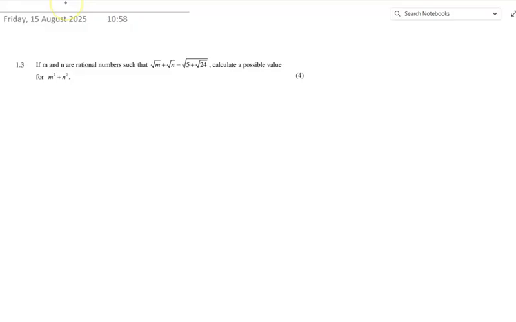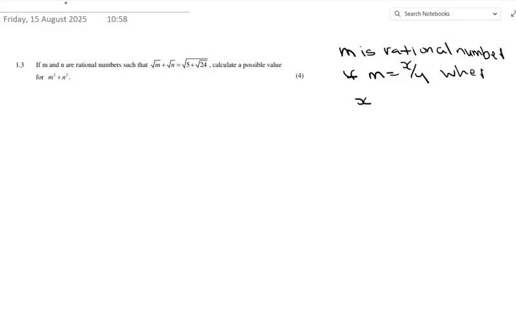M is a rational number if it can be written as x over y, where x and y are integers and y is not equal to 0. That's what we mean by m is a rational number.